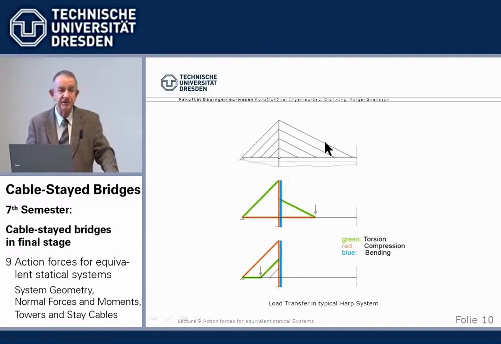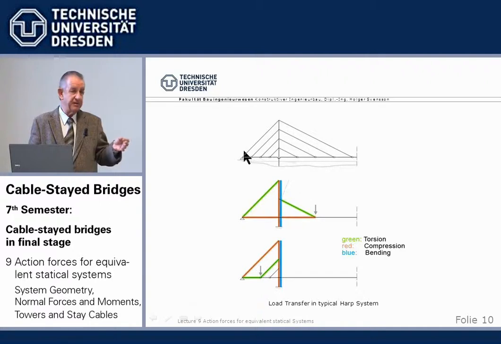A little bit different if we have a harp configuration, where you remember the cables do not run together but run parallel and do not go back to the backstay. They still have to be anchored in the backstay because the beam here has no bending or very little bending stiffness, so the cables are not anchored to the beam, only here. Okay, there we need the bending stiffness of the tower.